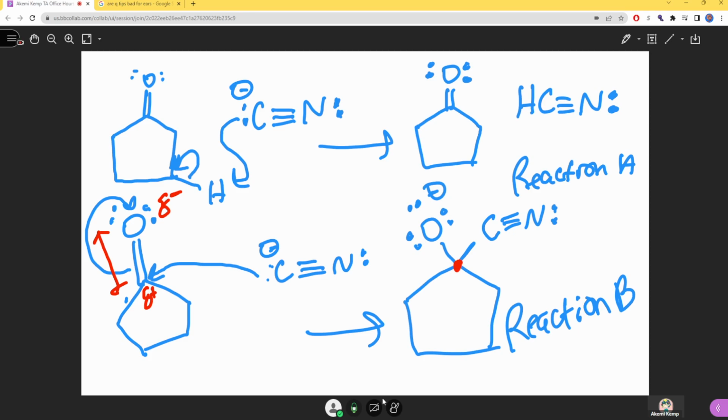The carbon now has these 4 bonds. There's no polarity. Oxygen is negatively charged. Cyanide is attached. So it is a more stable molecule. So this isn't false. Reaction B is exothermic. Now, B says reaction A is endothermic.